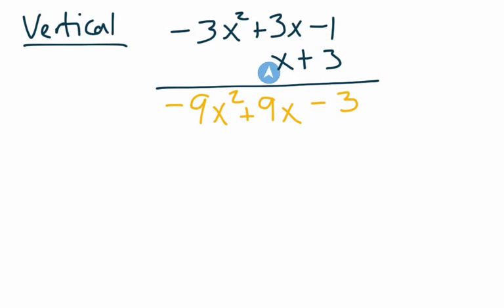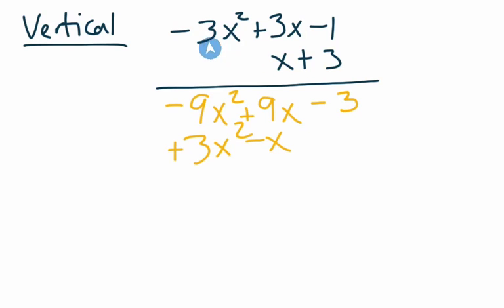Now we'll do the same thing we would do with a regular multiplication problem: we're going to take this and multiply it. Just like with multiplication, you often have that placeholder 0 there. You're going to line up the like terms. So x times negative 1 is negative x, and you line it up with the x in the previous column. 3x times x would be 3x squared, a positive 3x squared, and so you'd line up your x squareds.